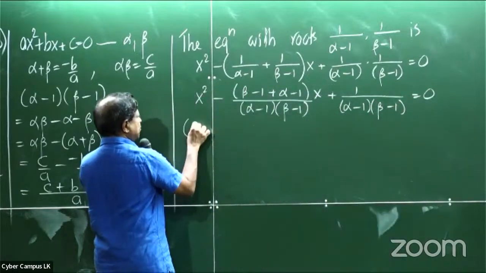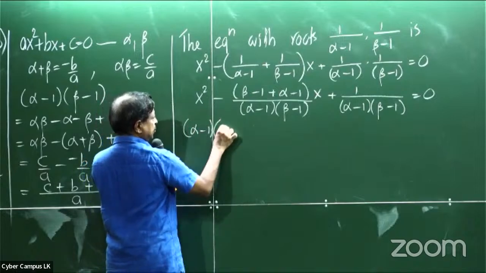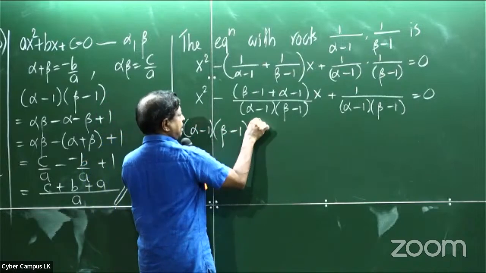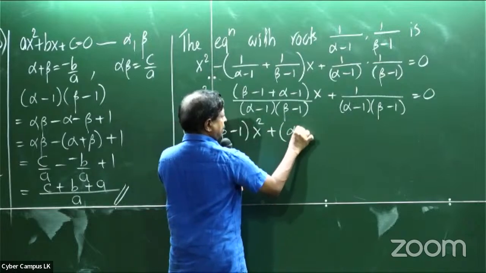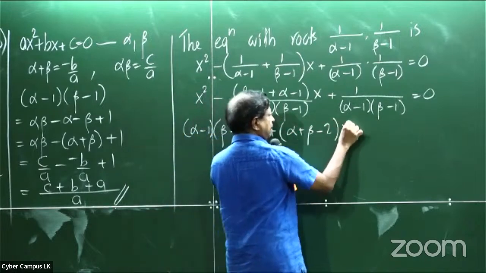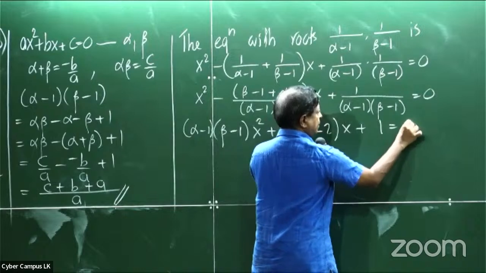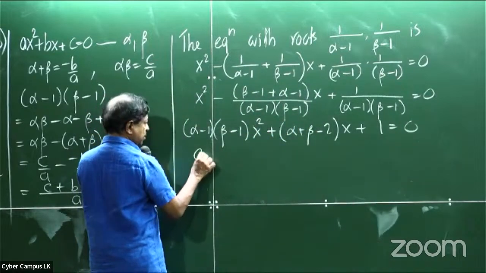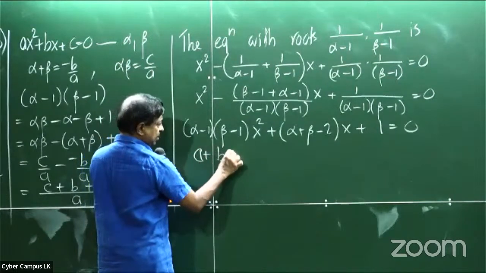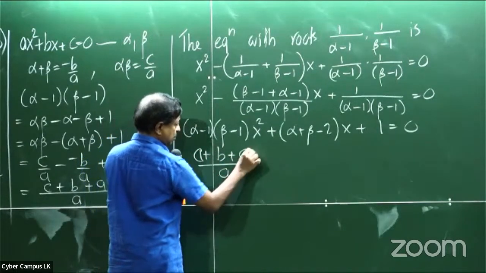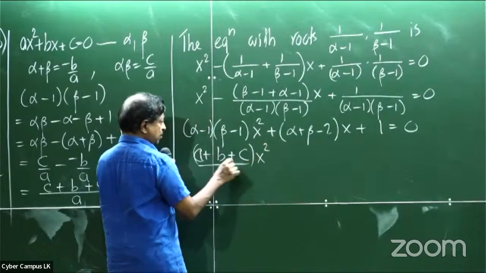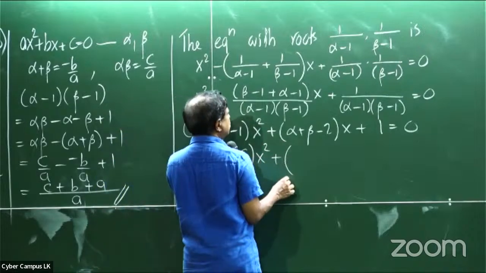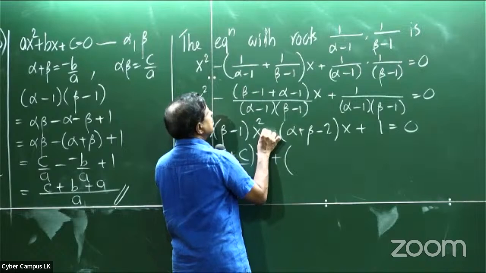Multiply everything by alpha minus 1 times beta minus 1. Now plug in what you have here. I'll write a plus b plus c. My plus, no, this should be minus.